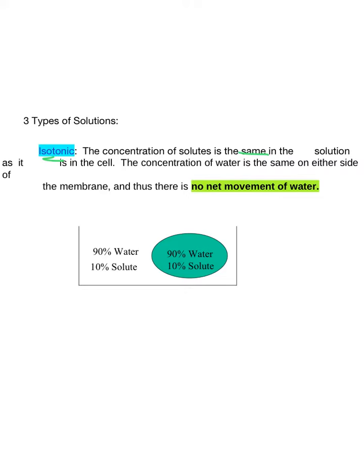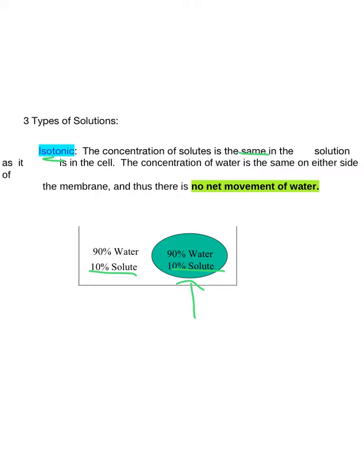So if we put a hypothetical cell in solution, we would have the same concentration, in this case, 10% solutes inside the cell, 10% solutes in the solution. Thus, it's isotonic. But here's the kicker. If you have 10% solutes in the cell, that means the other 90% is water, and the same thing in the solution. We don't know if the solutes can get across the cell membrane because we haven't identified what solute we're talking about.